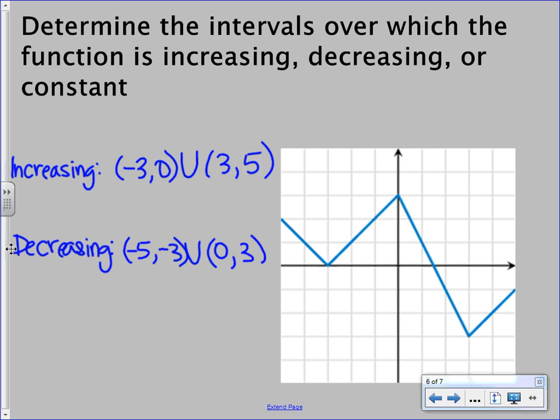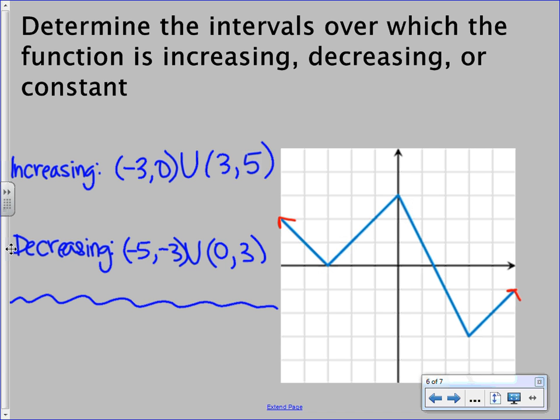Now I want to talk about some infinities here. Let's assume that our graph went on forever, and that it's not going to change any direction. What would change about this increasing interval? It would no longer be from -3 to 0.